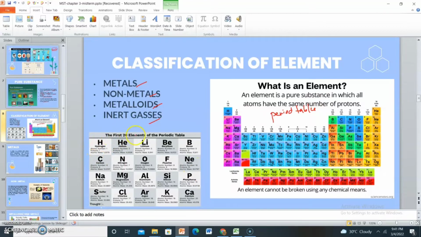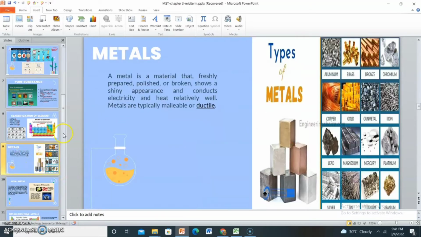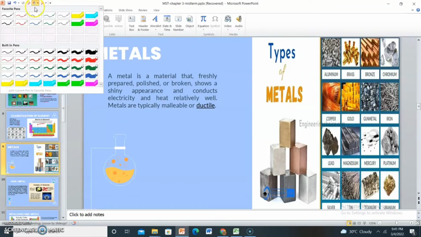For example, the first 20 elements of the periodic table are hydrogen, helium, lithium, beryllium, boron, carbon, nitrogen, and so on.